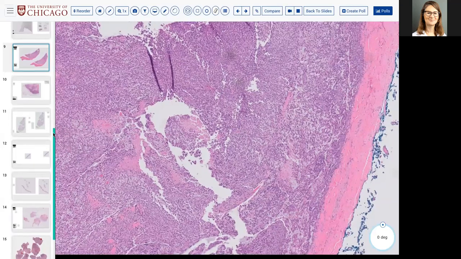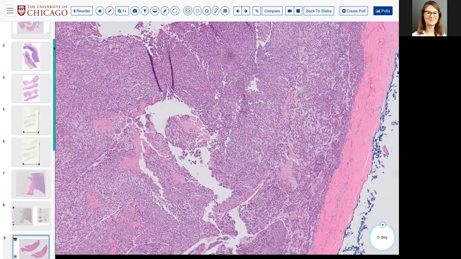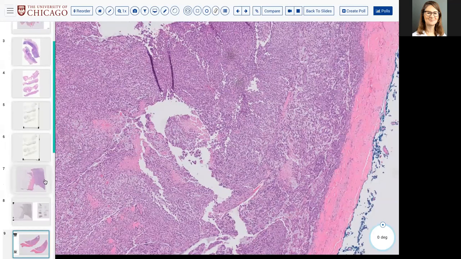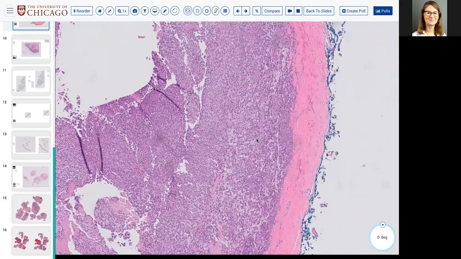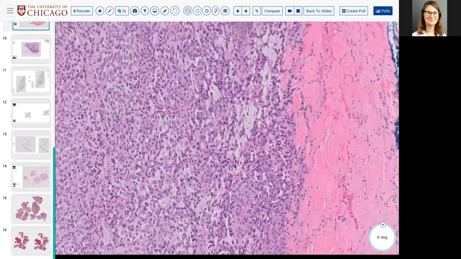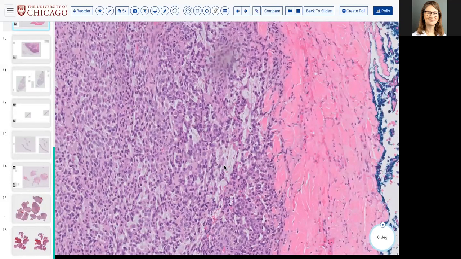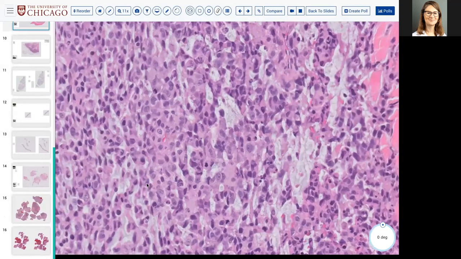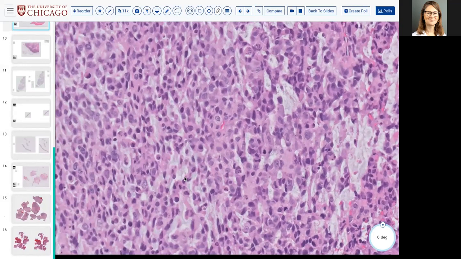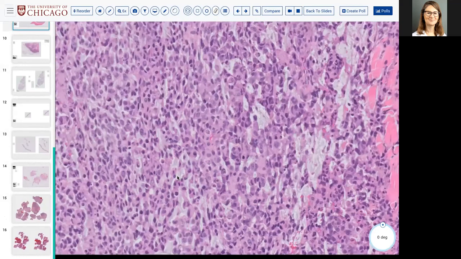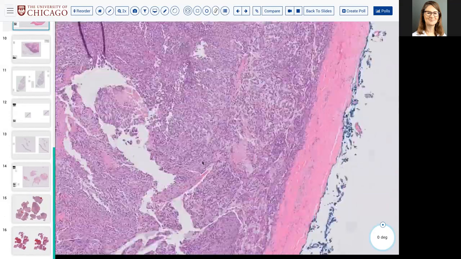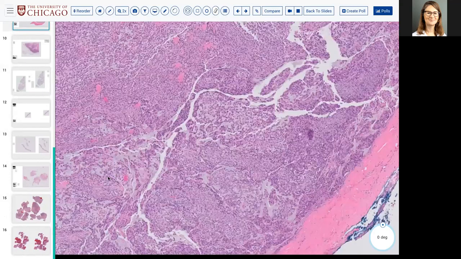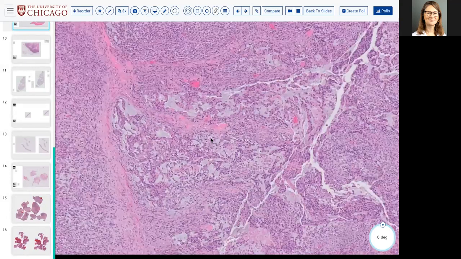So, cytology, the presence of vasoformation or not, the presence of rhabdoid type cells or not. And in this case, I'm trying to highlight something that is now unique here. Yeah, myxoid, exactly.